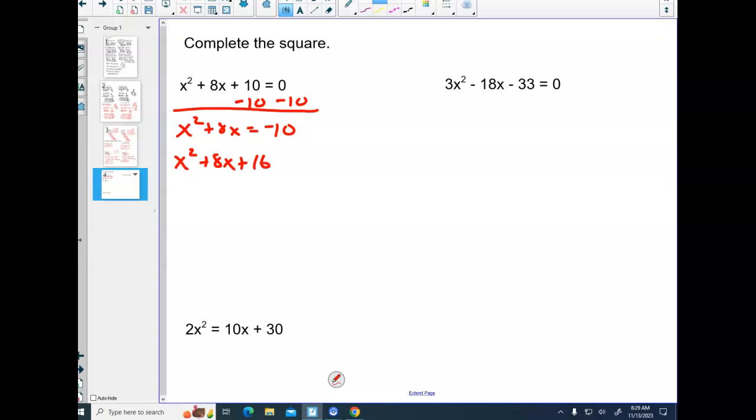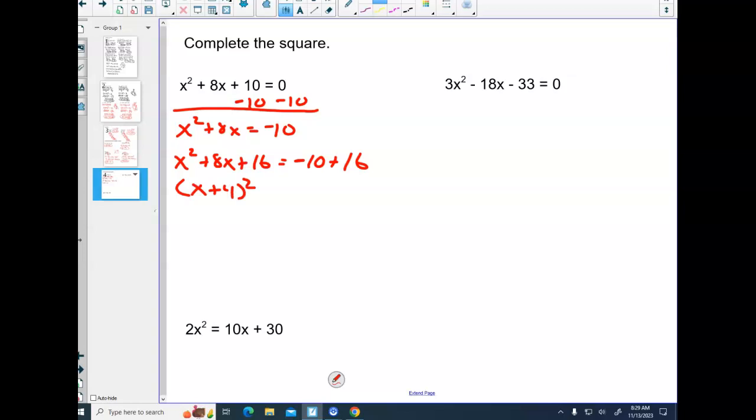Basically that creates a binomial squared. You can't complete the square without creating a binomial squared. So by taking half of 8 and squaring it, half of 8 being 4, 4 squared is 16, I create my binomial squared. When I factor that, it's x plus 4 squared.